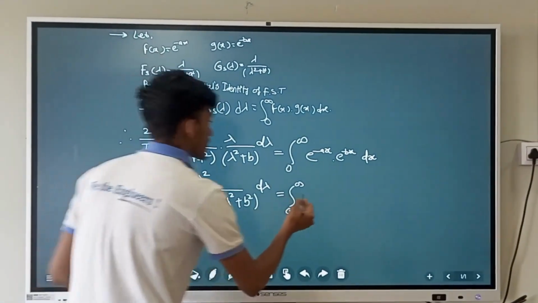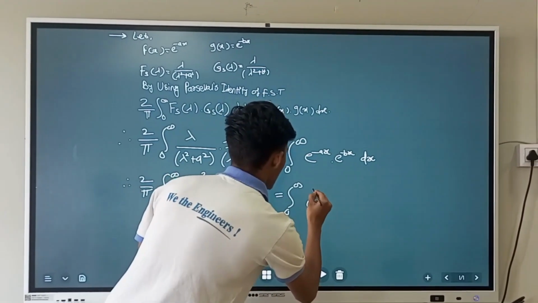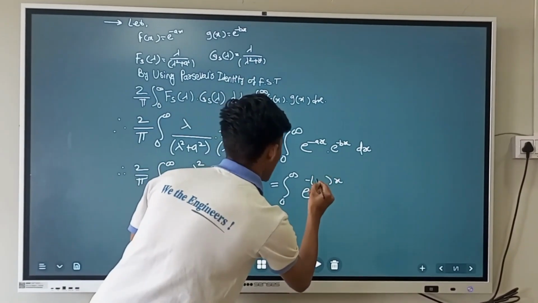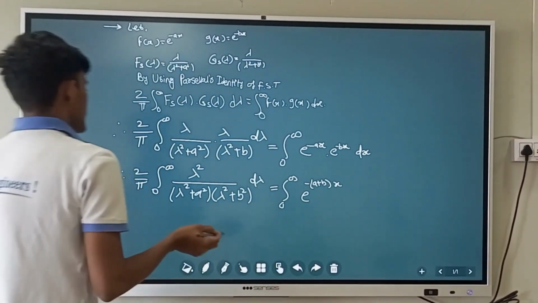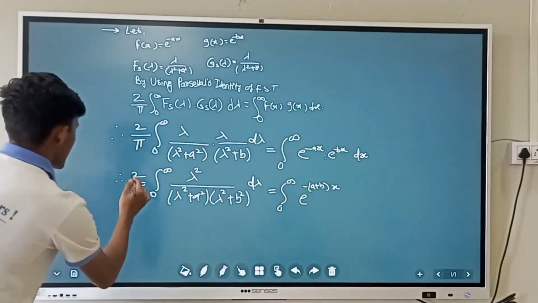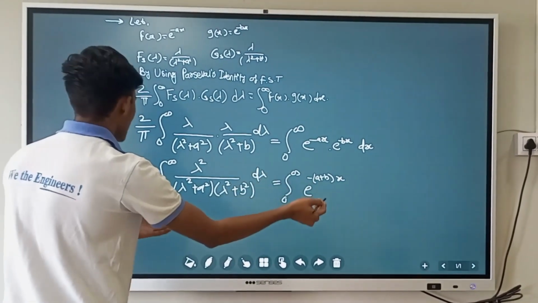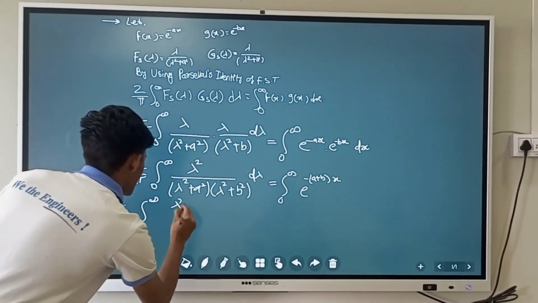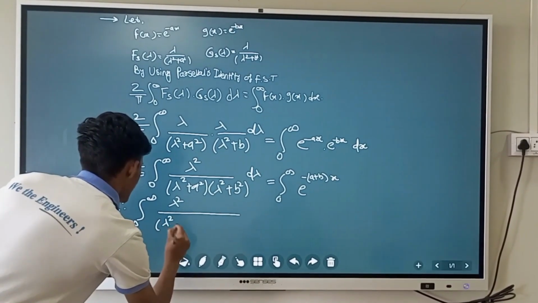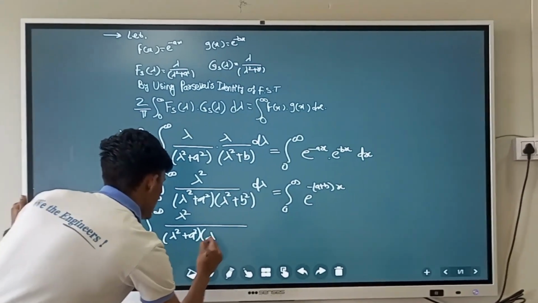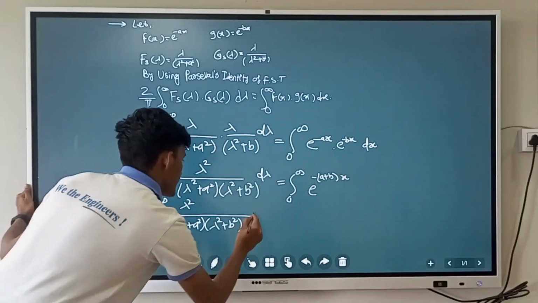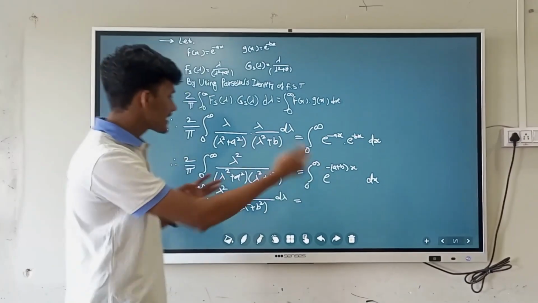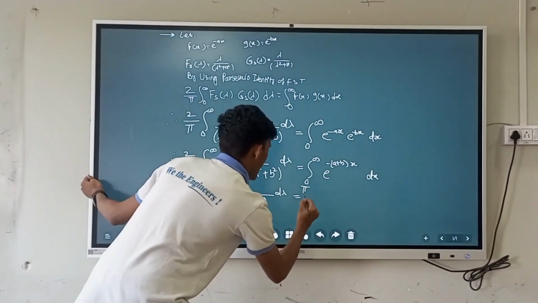Then by using this property, we can write e raised to minus, and here x is common, so (a plus b) x. After this, we will shift this 2 by pi to the right hand side. So we get the integration from 0 to infinity of lambda square upon (lambda square plus a square) and (lambda square plus b square) with respect to lambda, and by shifting 2 by pi to the right hand side, we will write it as pi by 2.